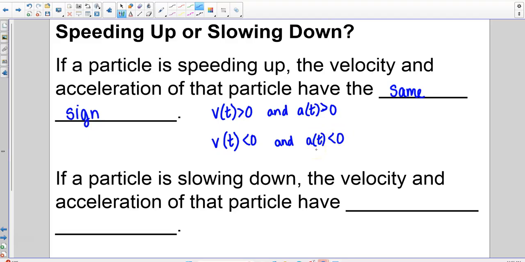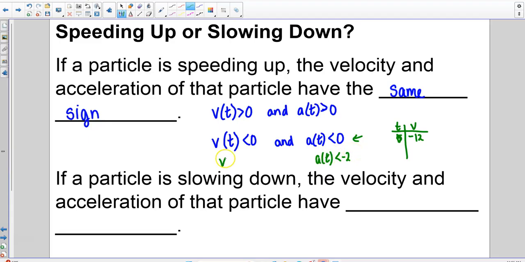This one's hard to think of, right? This particular scenario, I think the table helps a lot. Let's say we're in the same scenario. Let's say our velocity is negative 12, but our acceleration is negative 2 this time, right?